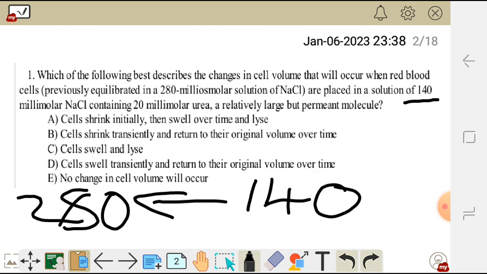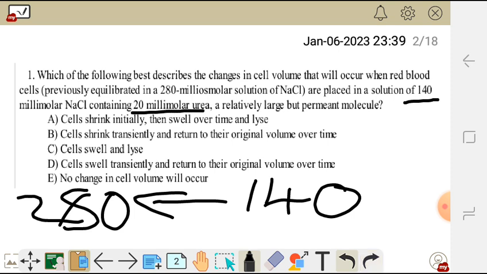So here we have the same concentration of sodium chloride, because we had 280, and in this other solution where this red blood cell is being placed is also 280. But there is another additional 20 millimolar of urea.